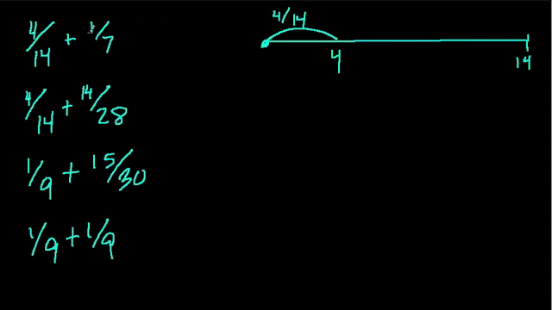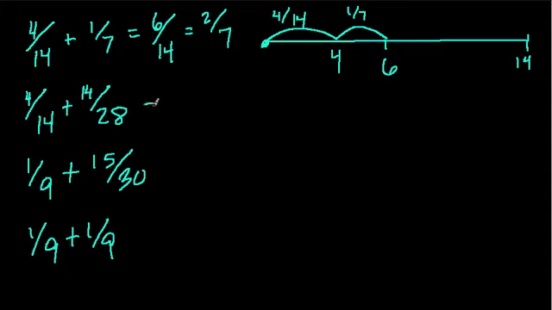And then I'm adding 1/7. How far am I going to hop now? Well, 7 goes into 14 twice. So 1/7 will hop me 2 places up to 6. What does all this mean? Well, the answer then is 6 out of 14, or 2/7.